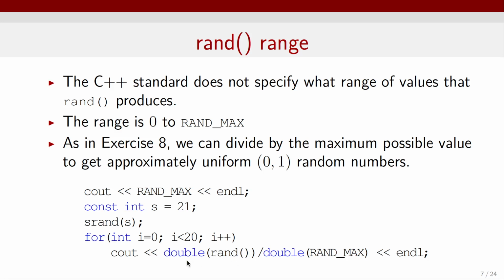We convert that to a double, and then we divide by the RAND_MAX variable, also converted to a double, so that we do division in double precision. And this will generate a pseudo-random number uniformly sampling the interval from 0 to 1.